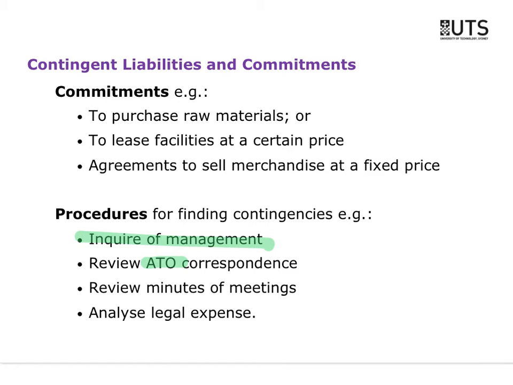We can also read the minutes of board meetings. When you have significant lawsuits or product warranty issues, they are going to be discussed at the board level. So that might help you identify some things and see if they come up in the accounts.